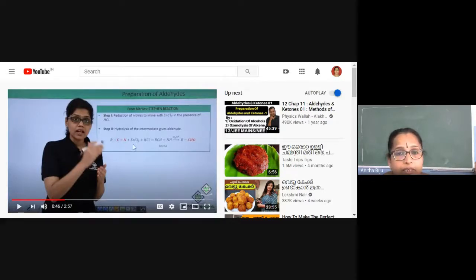When treated with stannous chloride and hydrochloric acid, SnCl2 and HCl, we get the product imine. This is the intermediate product, and on further hydrolysis in presence of acid, we get the corresponding aldehyde. So this is the general statement of the Stephen reaction.